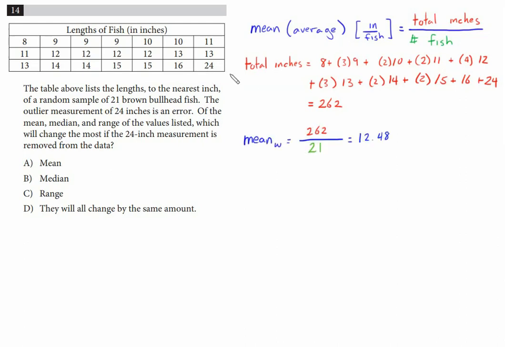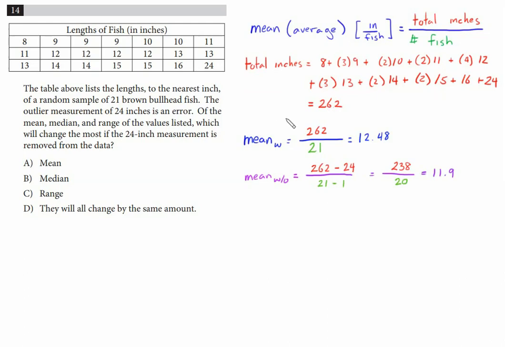So the mean with this measurement is the sum of all the numbers in this table, which is 262, divided by number of fish, which is given in the prompt, 21. So the mean with this measurement is 12.48.